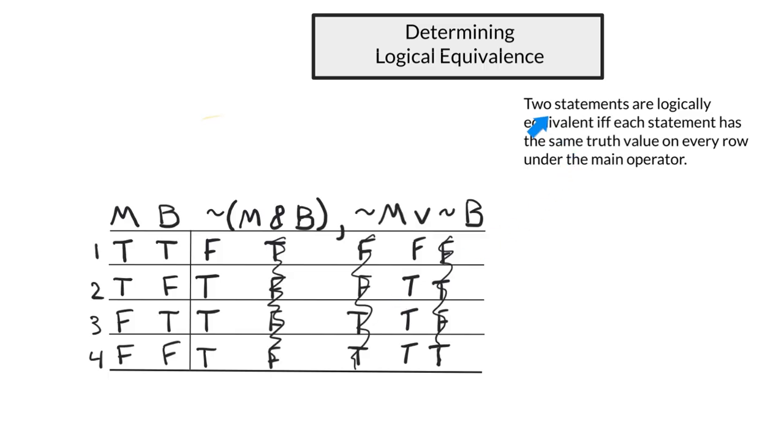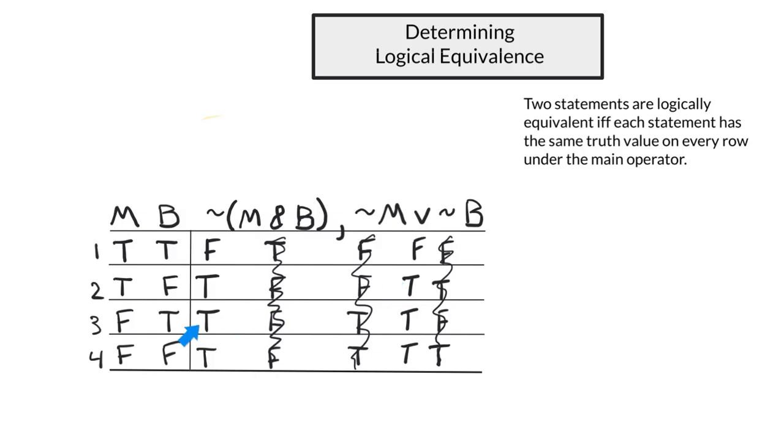So now we want to see if these two statements are logically equivalent. If they are, they'll have the same truth value on each row. Well, row 1, our first statement, it's not the case M and B, is false. And our second statement, it's not the case M or it's not the case B, is false. Row 2, it's not the case M and B is true. Same under our second statement.